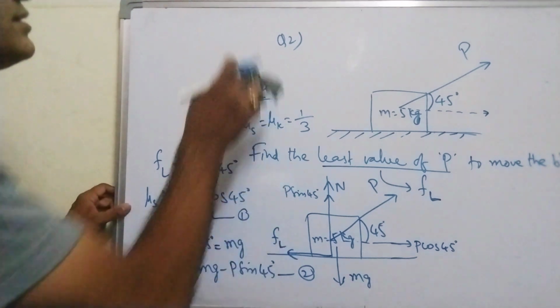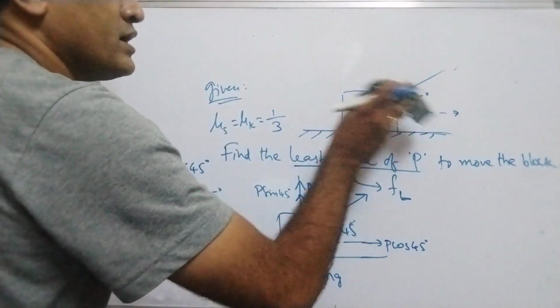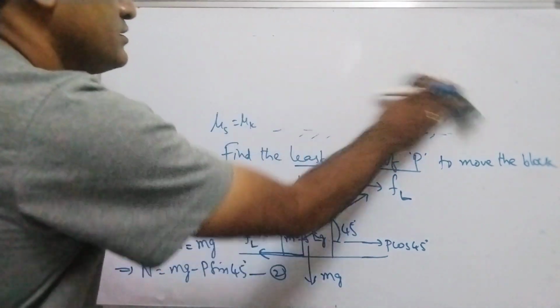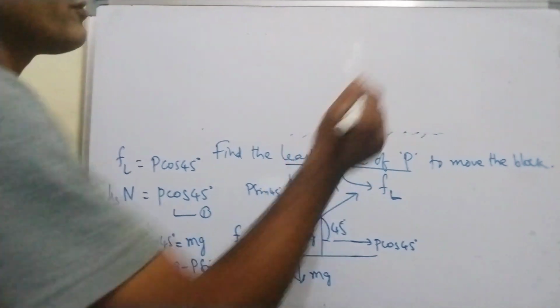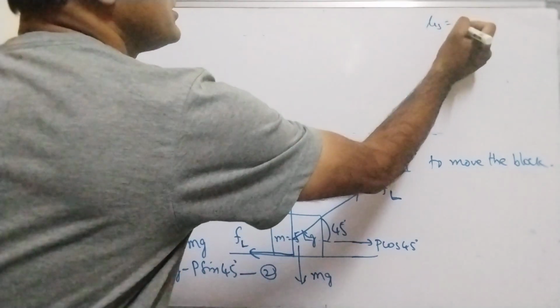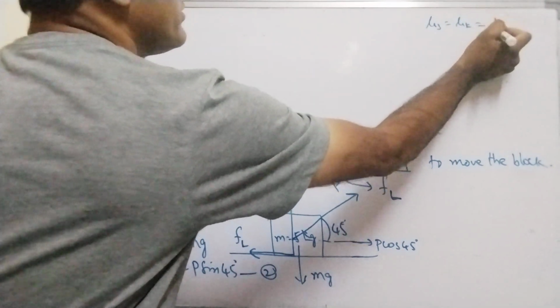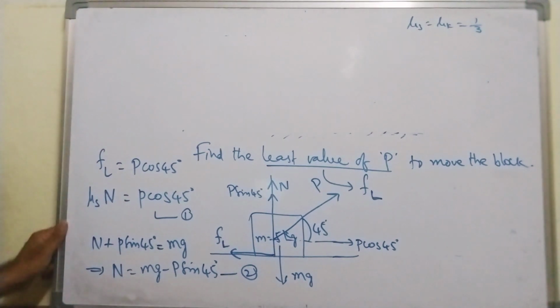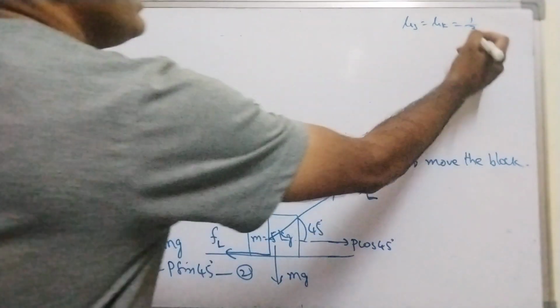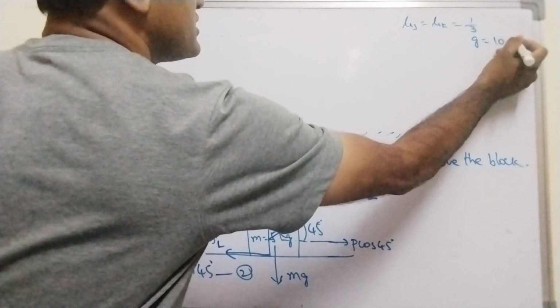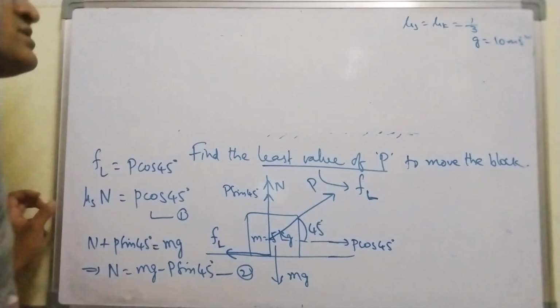What will I get? I hope I am clear till this point. Right? I have been given the values: mu s is equal to mu k is equal to 1 by 3. I am writing it for my sake for doing calculations. The g value I have been given as 10 meter per second square, so I am assuming 10 meter per second square.